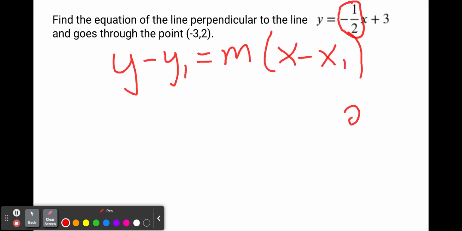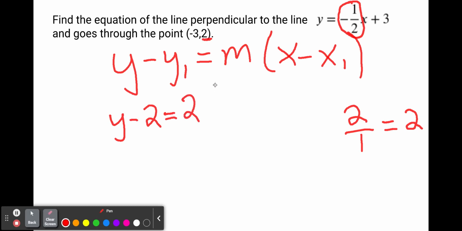So it's 2/1 and it needs to be positive because it's the opposite sign. So the slope I'm going to use, 2/1 simplifies to 2. So my y1 is this 2. So I'm going to do y minus 2 equals 2 times x minus -3.